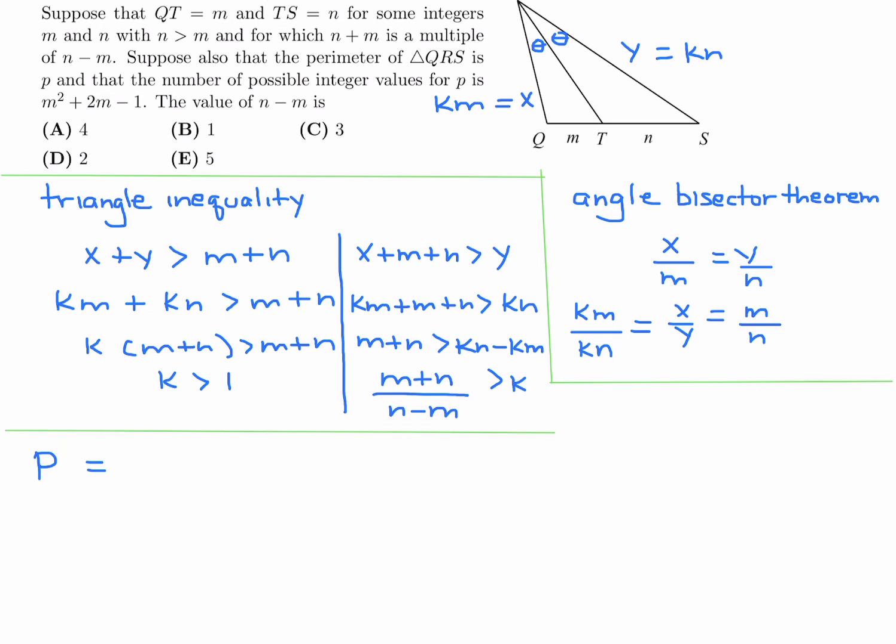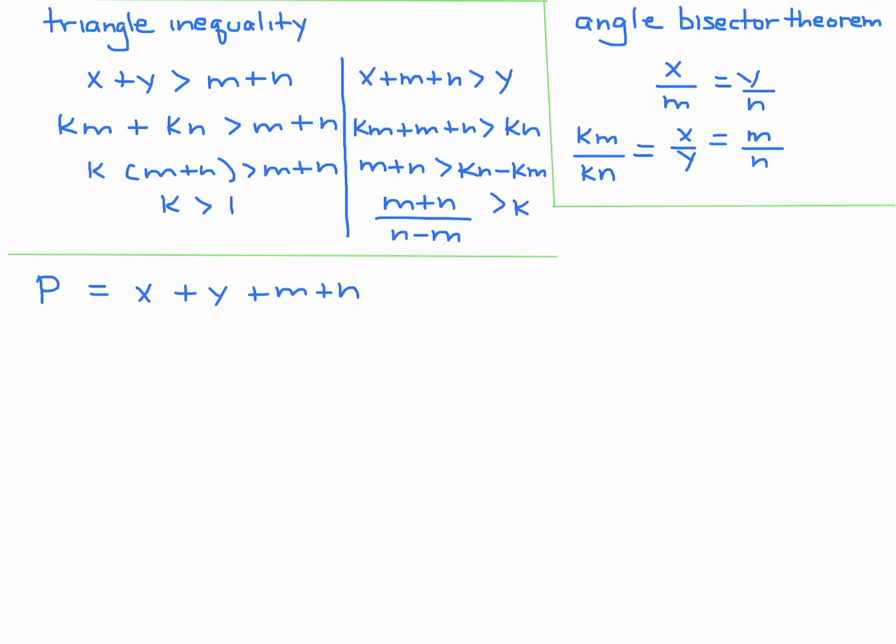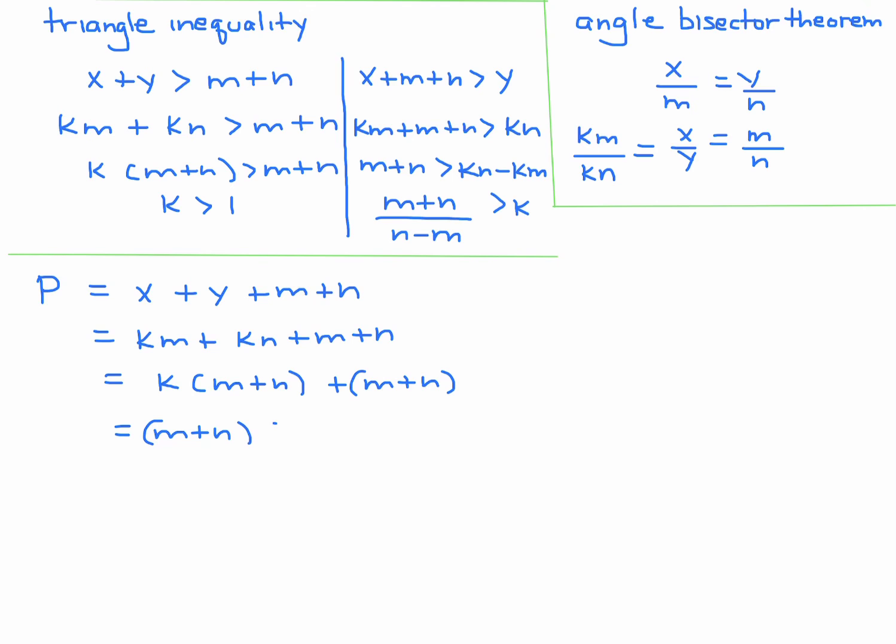The perimeter of this triangle, just based on what we have up there, is X plus Y plus M plus N. And the perimeter in terms of K's and M's, X is Km, Y is Kn, and then this is M plus N. And I think I can factor out something. I can factor out the K. This will be M plus N. This will be M plus N. Factor out the M plus N, and I get K plus 1.